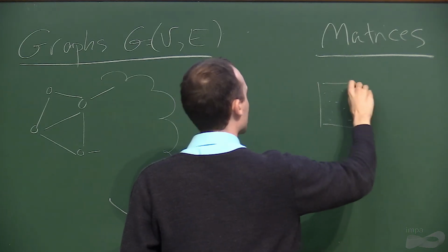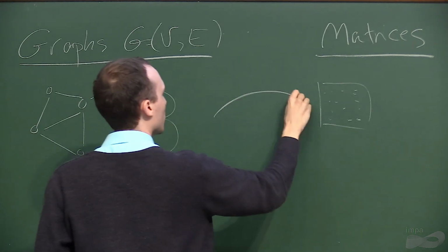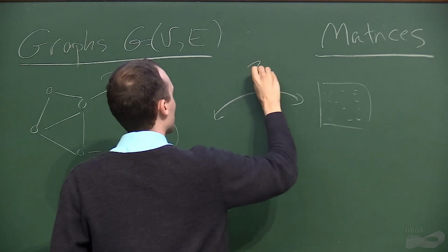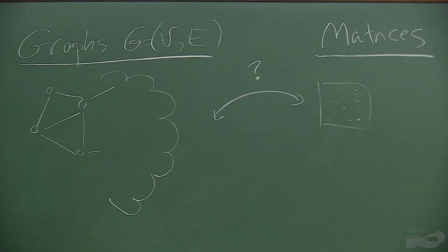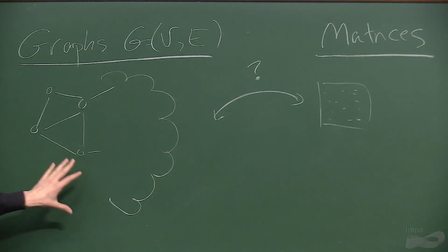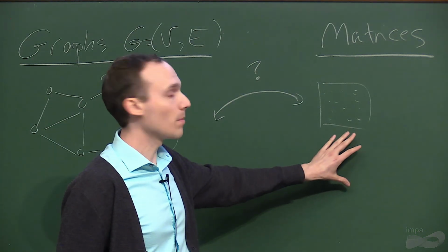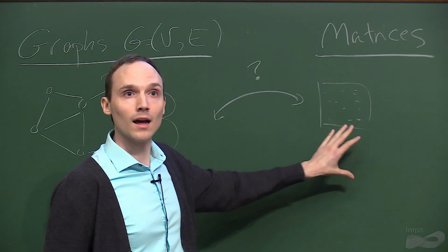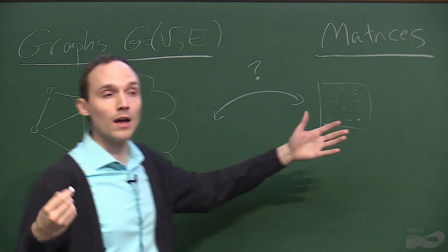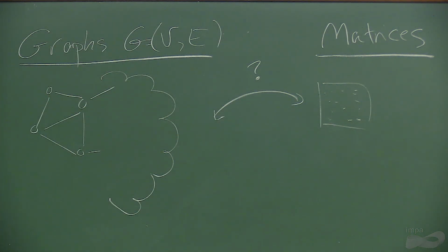What we would like to understand in the study of spectral graph theory is connections between graph theoretic properties and statistics and the corresponding properties of matrices and their factorization. So in particular, adjacency and Laplacian are what the focus will be on in this talk.